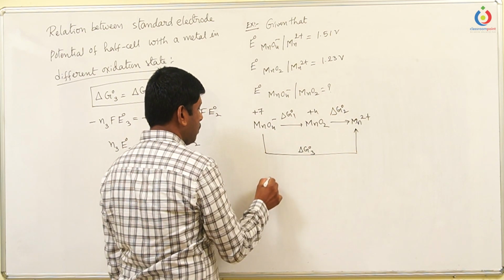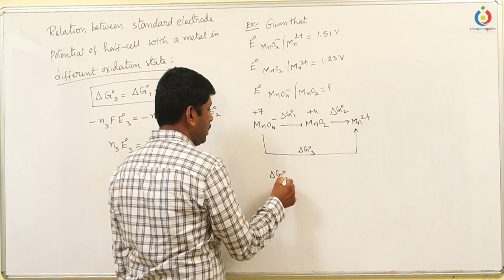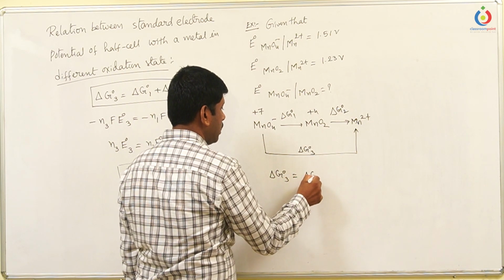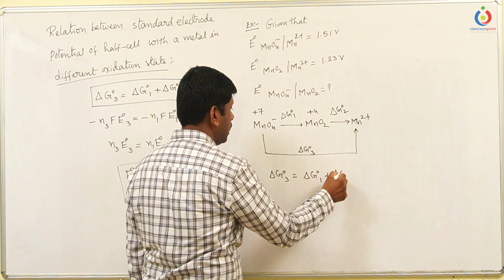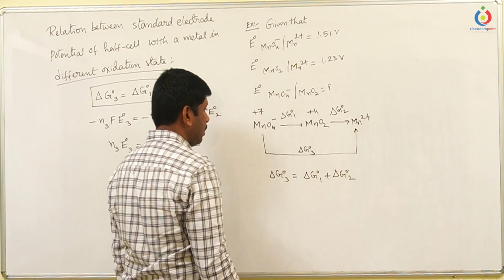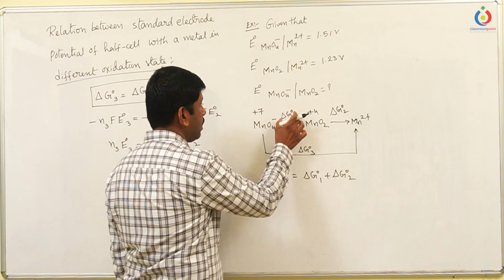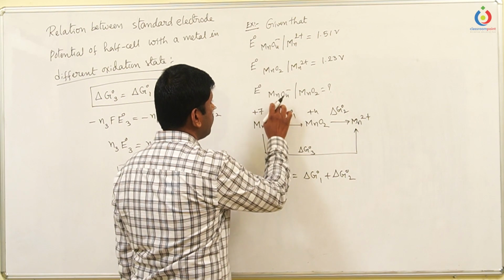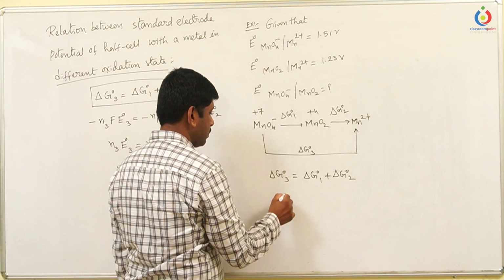So I am going to write delta G03 equals delta G01 plus delta G02. I want delta G01, because MnO4 minus to MnO2 is what is asked.